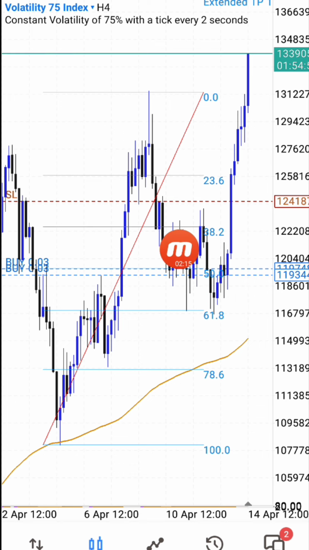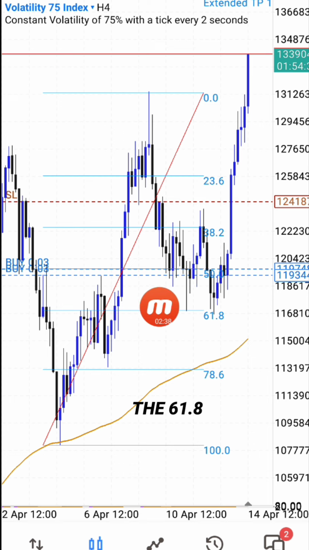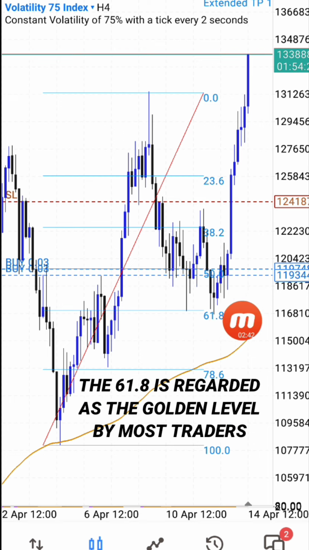Now, price gave us what looks like advanced market structure, whereby price will do something like this and then give you as if it wants to go up, and then it will come down again, creating a liquidity or a kind of inducement. Then it came back and swept that inducement to get to the level of 61.8, right?